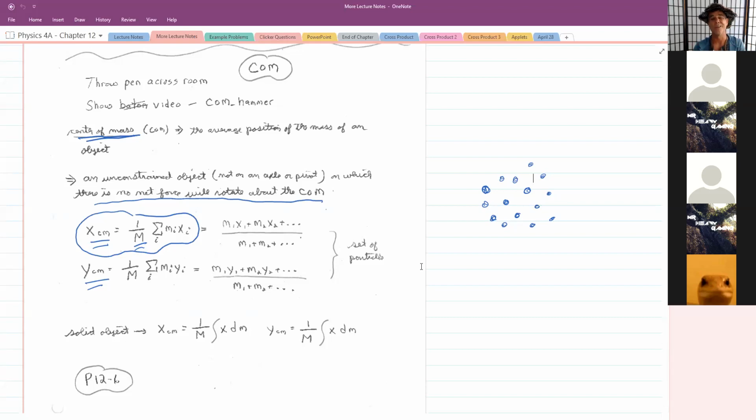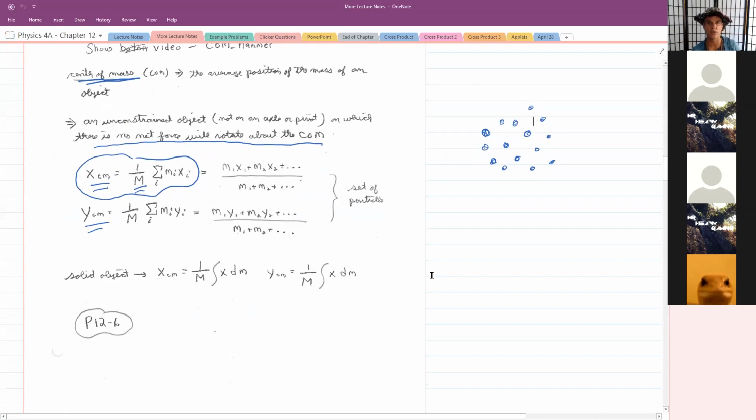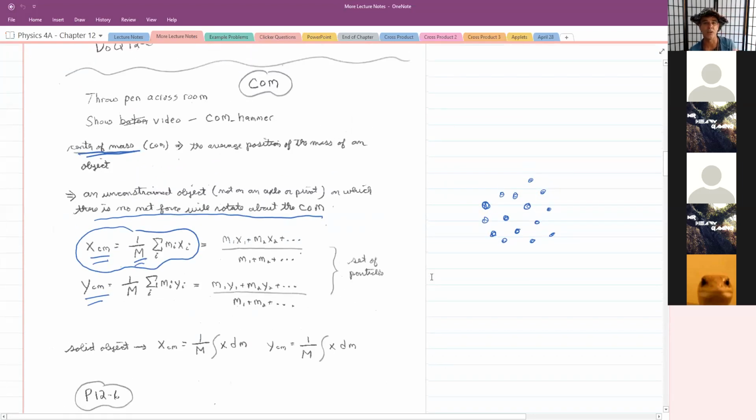So really, you're just doing a weighted average. If I had a collection of particles and I wanted to figure out the center of mass of an object, I would take the mass of each particle times how far it is from some origin, and then divide by the sum of the masses.